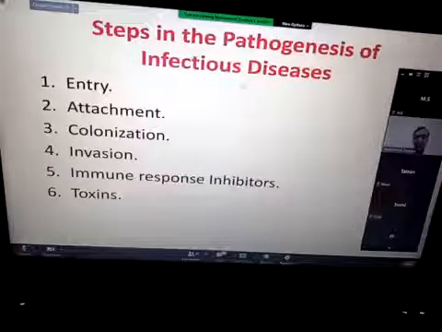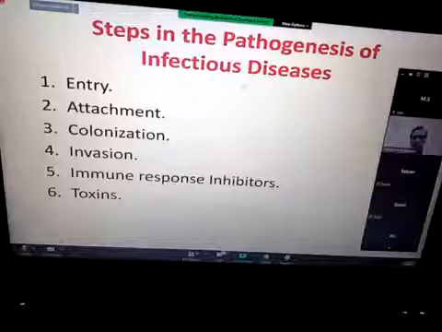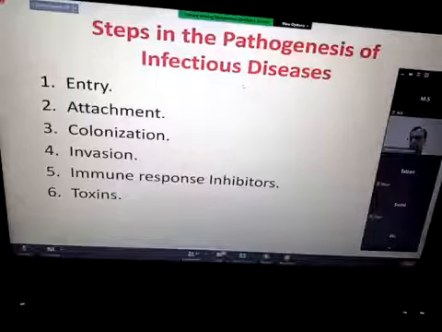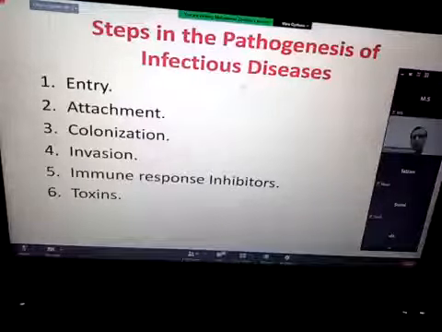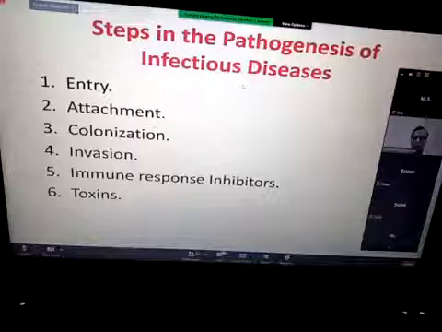So what are the steps? First, the pathogen enters the body. It attaches through many factors, by capsule, slime, fimbriae, villi, anything. This attachment requires receptors on the surface of the host, whether animal, plant, or human.